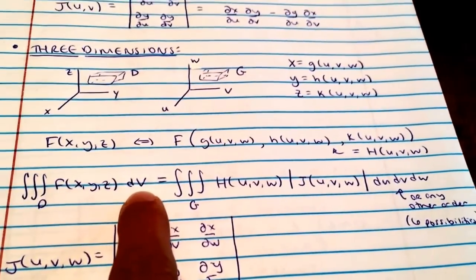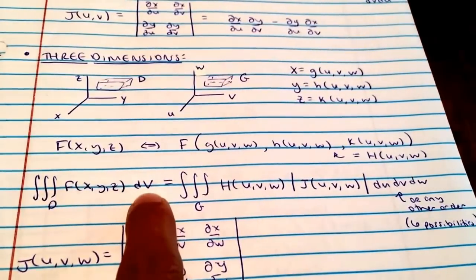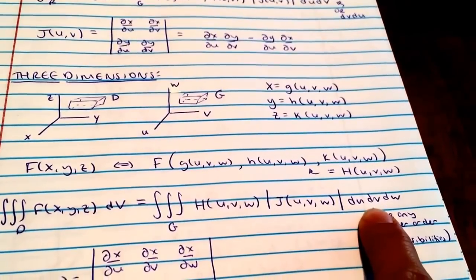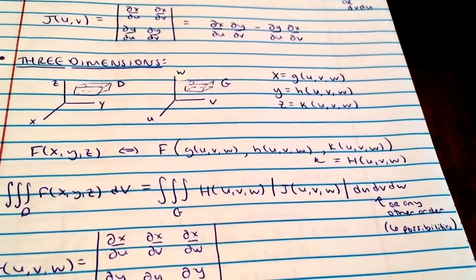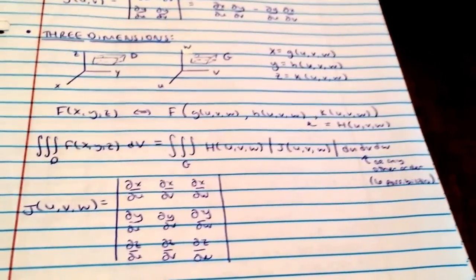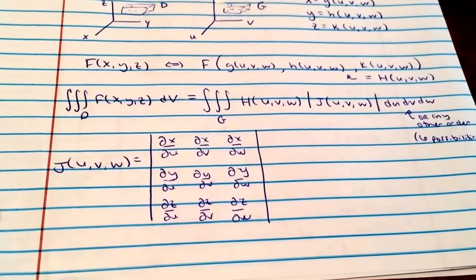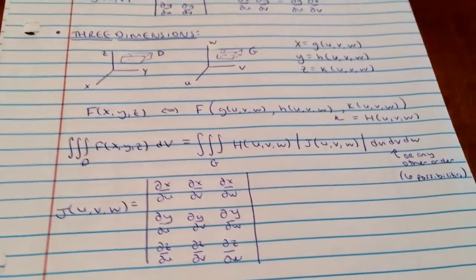That could have been dx dy dz, or any of the five other possible combinations, 6 total. And same thing here, 6 possible orders for what this could be: du dv dw, or you can switch them all up, 6 possibilities total for the order. And then here's the Jacobian. I didn't show how it would look because it's just like a scalar triple product, and we'll look at it with an example, but this is all the formulas.